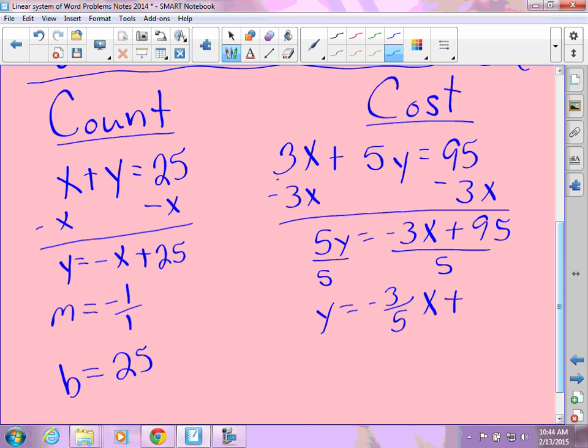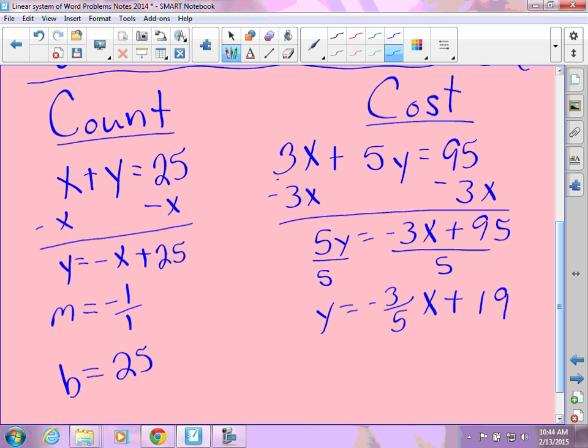Yeah. What would have been a better way to solve this problem? Why elimination? Absolutely. So sometimes I'm going to ask you to solve it with graphing, and it's going to be kind of messy and yucky, okay? But you can also use elimination to help you solve it, okay? So let's go ahead and do that.